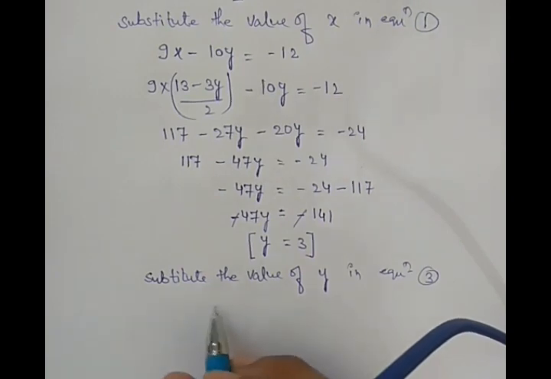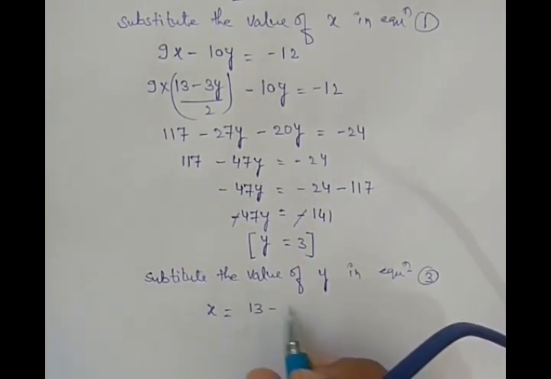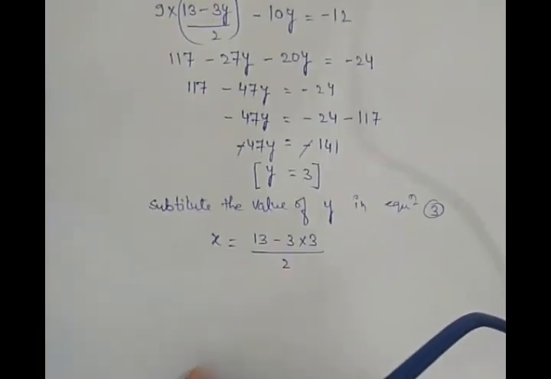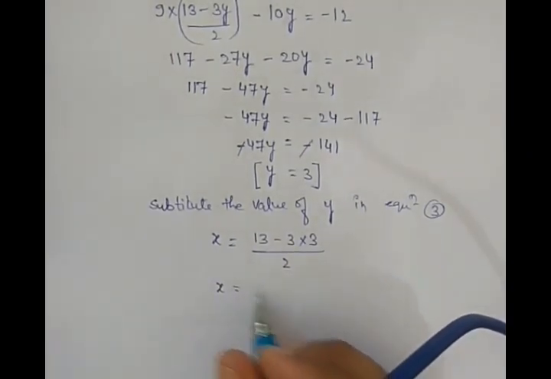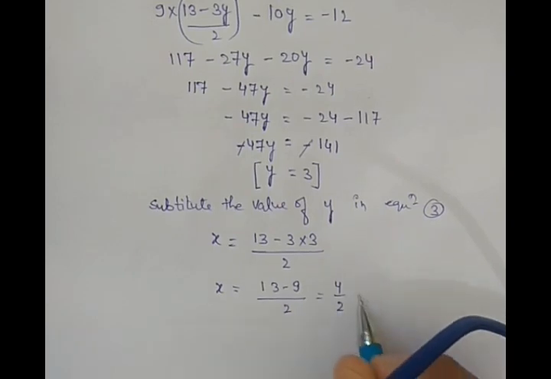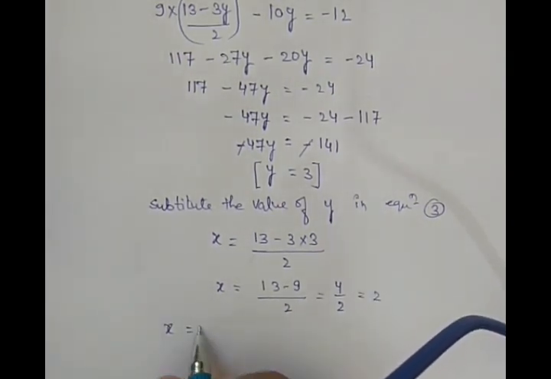This will give you x is equal to (13 minus 3 into 3) divided by 2, that is x is equal to (13 minus 9) divided by 2, or 4 by 2 is equal to 2. So the answer is x is equal to 2 and y is equal to 3.